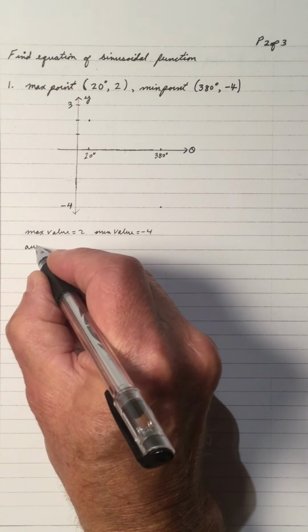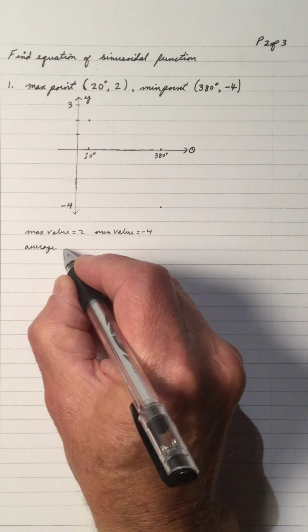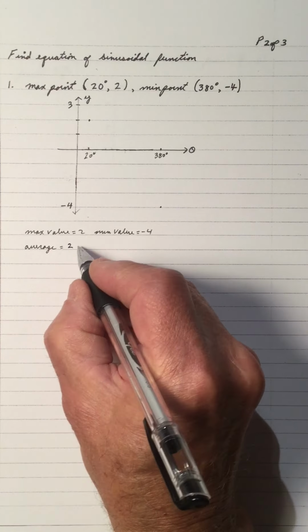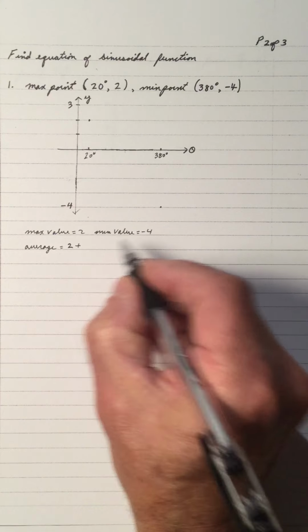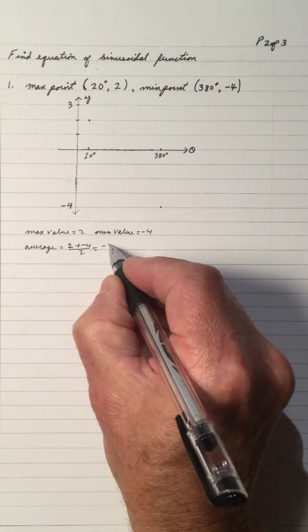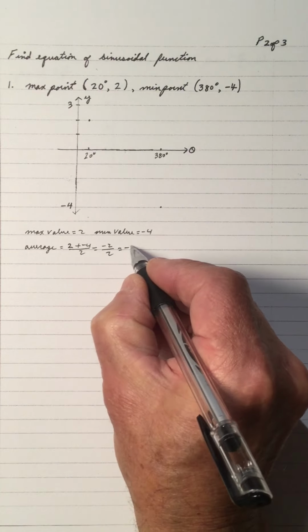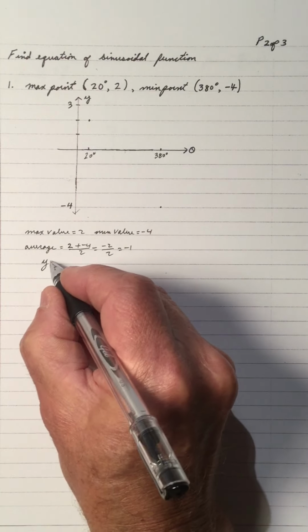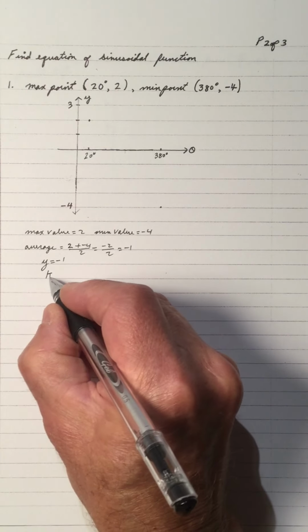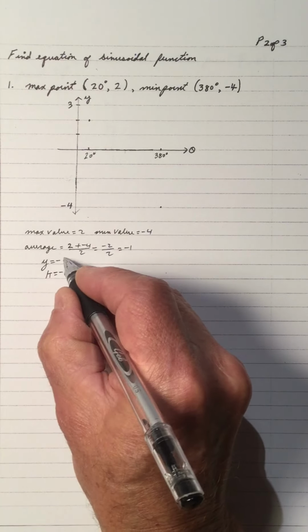So the average is in the middle, which is the sinusoidal axis. 2 add on negative 4 divided by 2 is negative 2 over 2, negative 1. So the sinusoidal axis is y equals negative 1, which means k is negative 1.